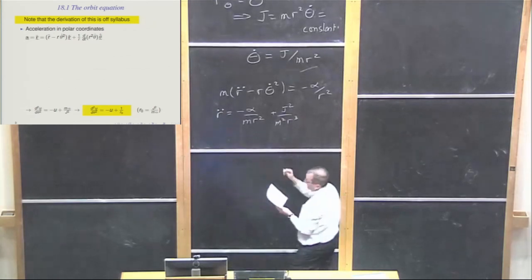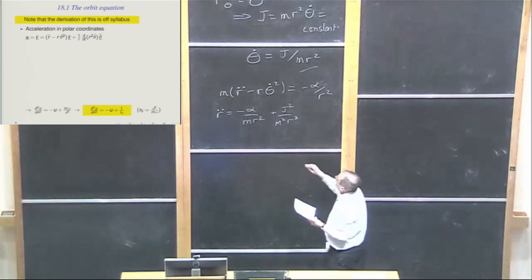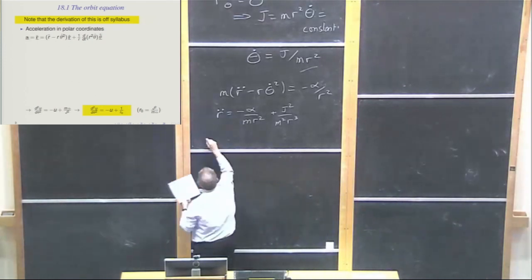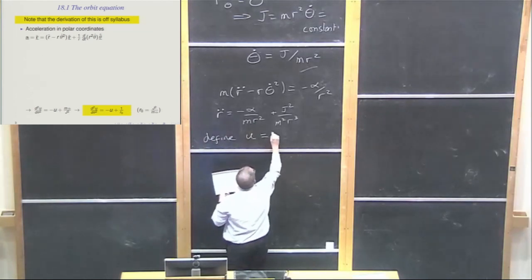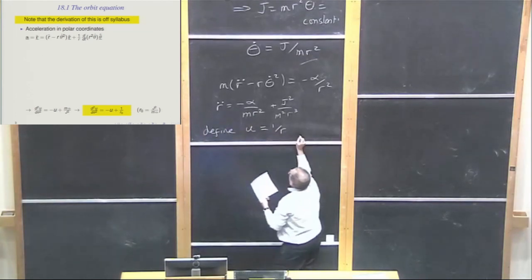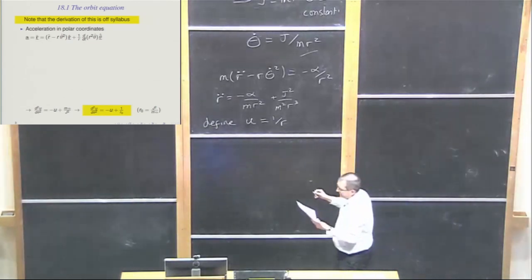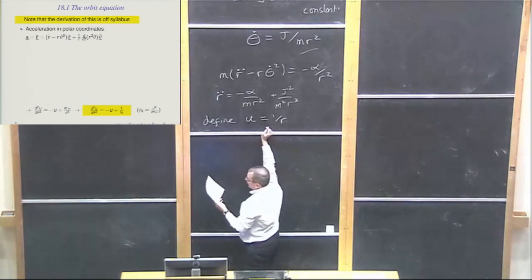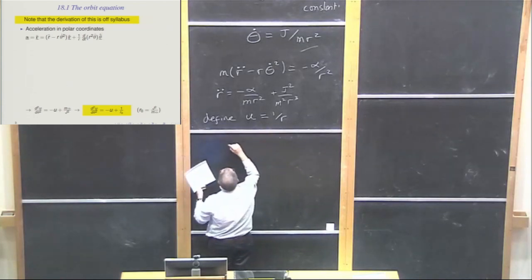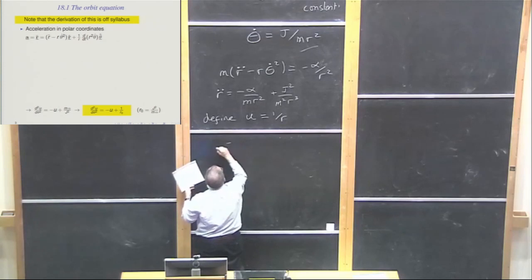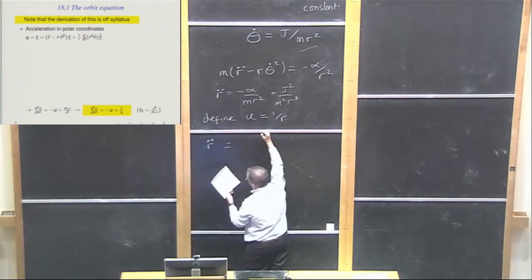Right. Now I'm going to make a substitution. I'm going to define u as being 1 over r, because this is going to eventually enable us to write the final expression in a compact form. And so the right-hand side becomes, r double dot, which I won't touch yet, I just concentrate on the right-hand side.